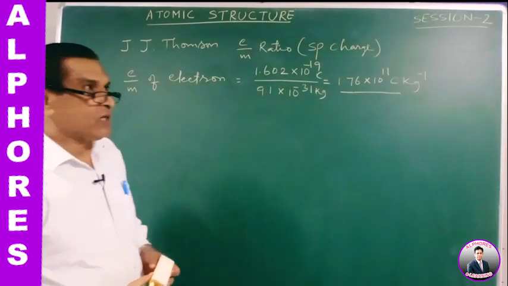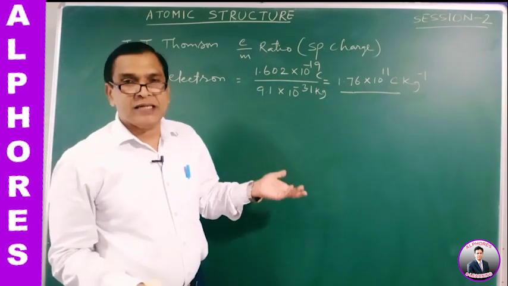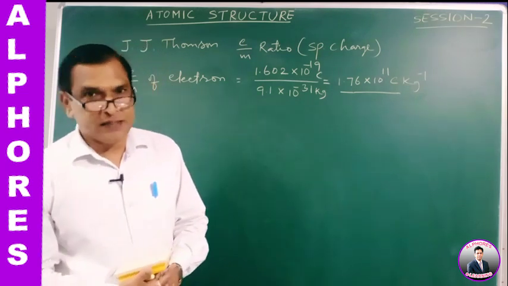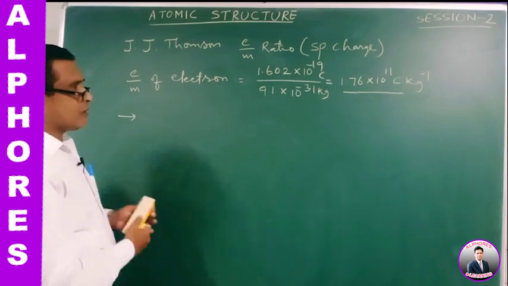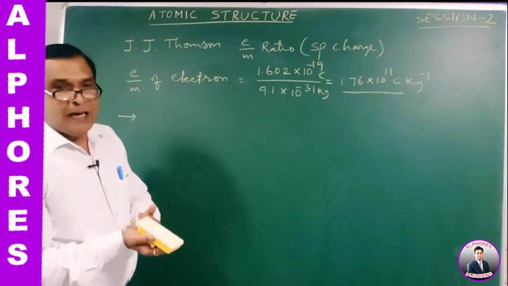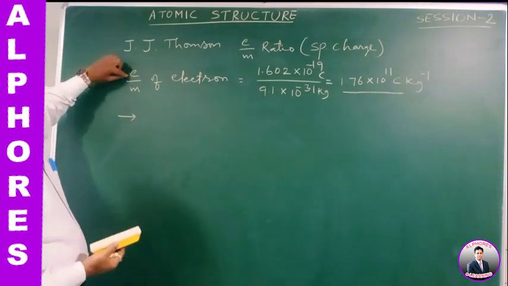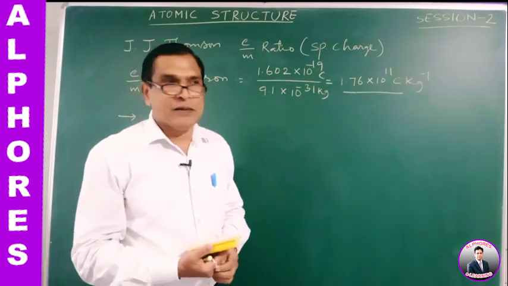The specific charge represents, that means as the specific charge of the particle increases, the deflection in the electric field increases. The specific charge of the electron is directly proportional to the magnitude of the charge on the electron, and it is inversely proportional to the mass of the particle.